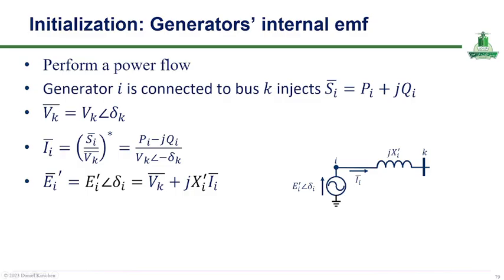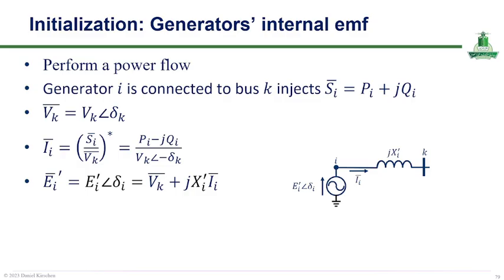So the stator current of the generator is given by this equation. I_i is equal to S_i over V_k conjugate, which simplifies to this equation. This equation relates the electrical power injection to the current flowing from the generator into the network.